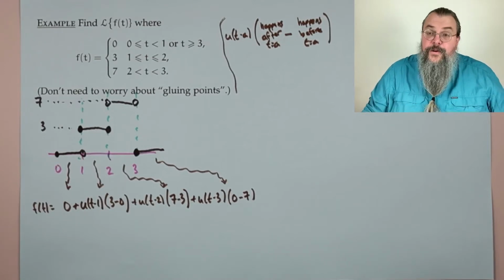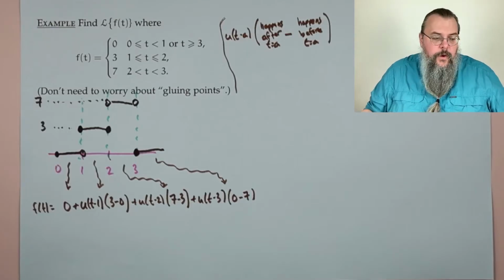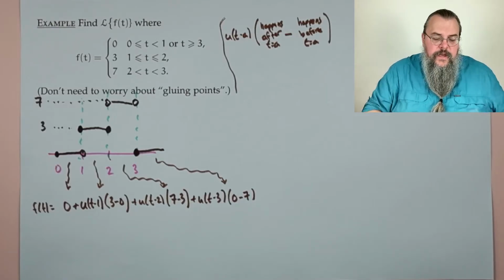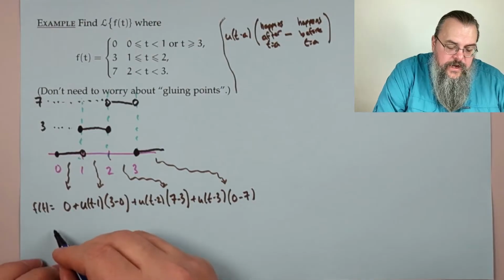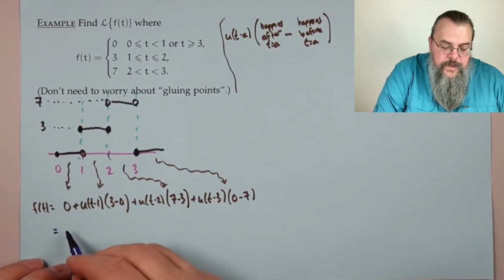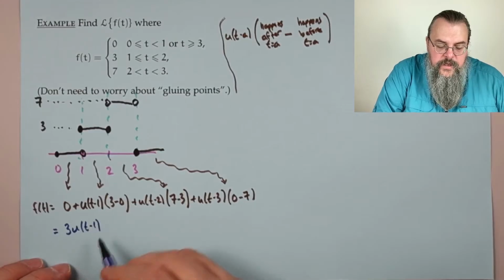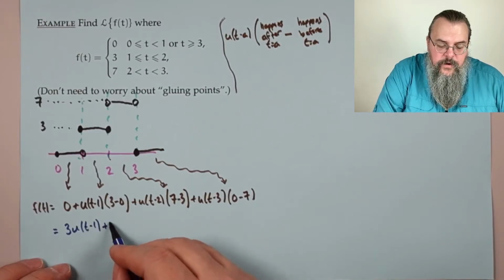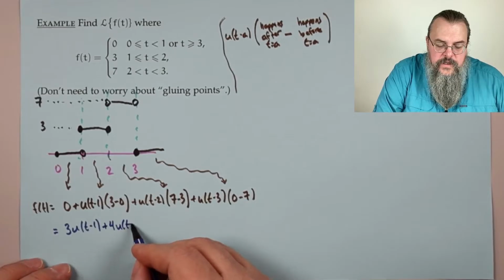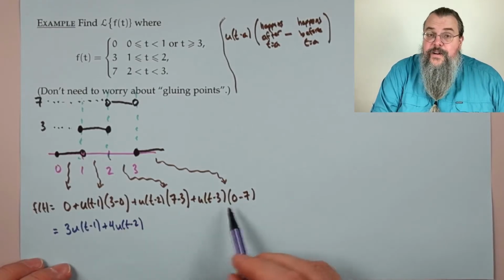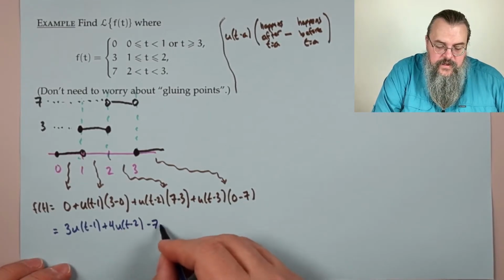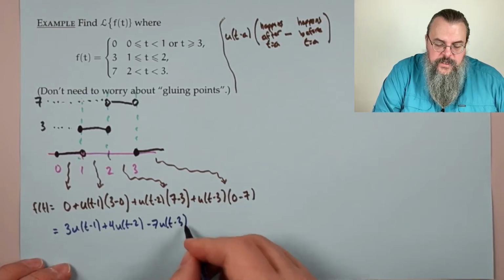Okay, so what do we have at this point? Well, at this point we can say, okay, our function we've now written in, if we clean it up, that's 3 u(t minus 1), and 7 minus 3 is 4 u(t minus 2), and 0 minus 7 is minus 7 u(t minus 3).